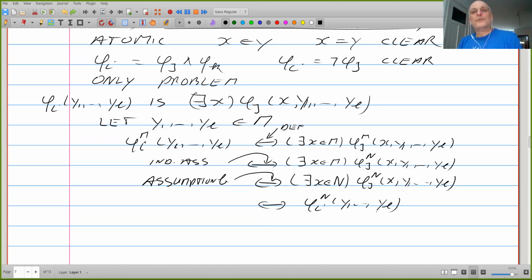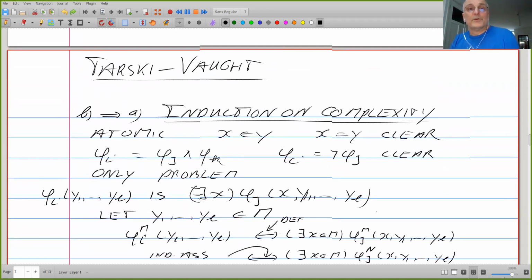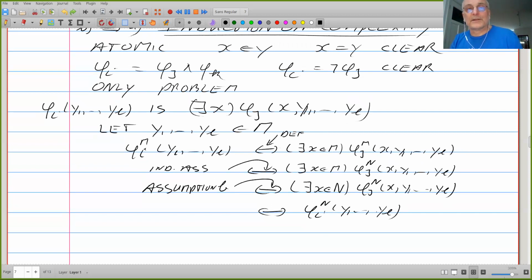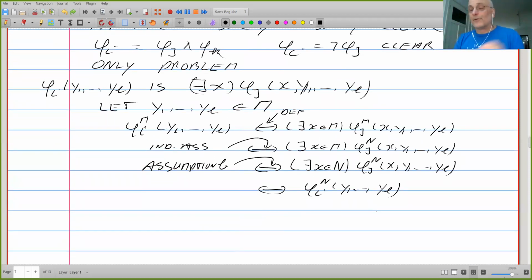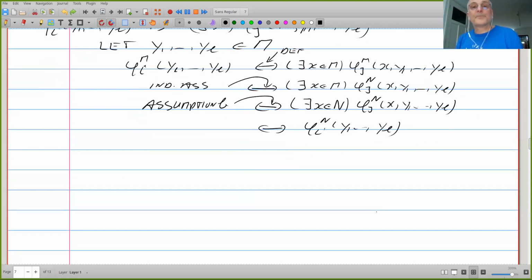So the proof is actually not very difficult, as long as you do it by induction on the complexity. And some of you who have seen this in your logic classes, this works for any first order situation. So it also works for fields, groups, vector spaces, whatever. And we use it for set theory.